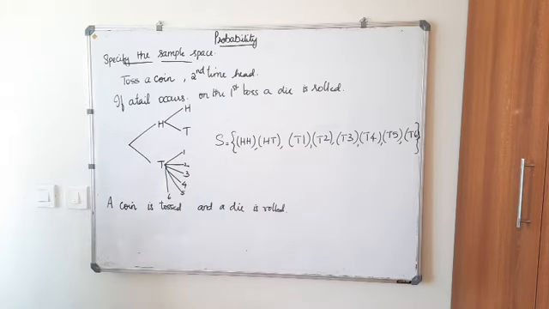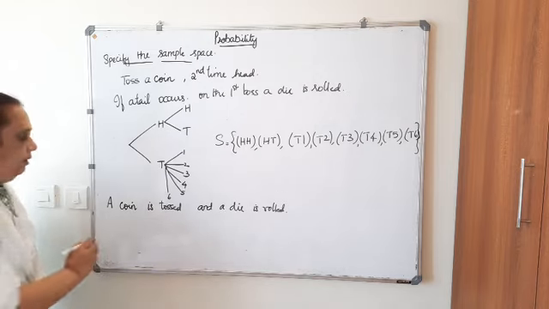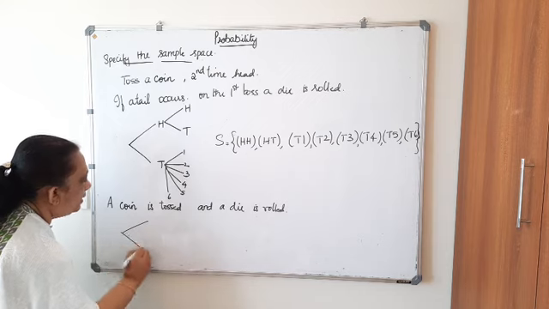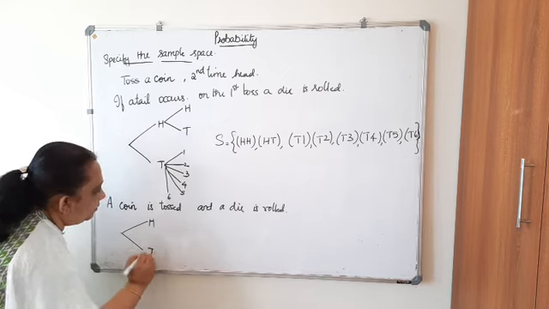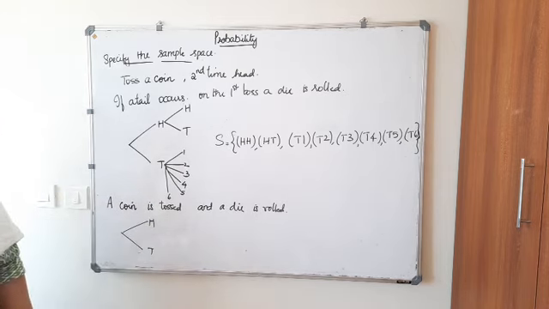Whenever you are asked to find the sample space, it's better to draw the tree diagram because that gives you a clear picture of the sample space. A coin is tossed. You may get a head or a tail. And a die is rolled.